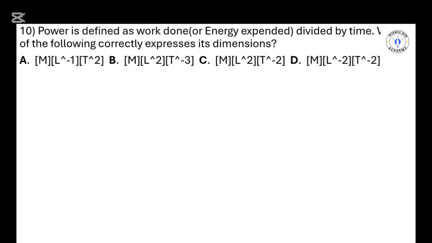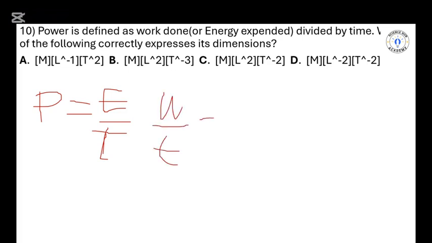And let's see this. Power is defined as work done or energy expended divided by time. Let's put down the definition. Power is energy or work divided by time. Work divided by time. What is work?